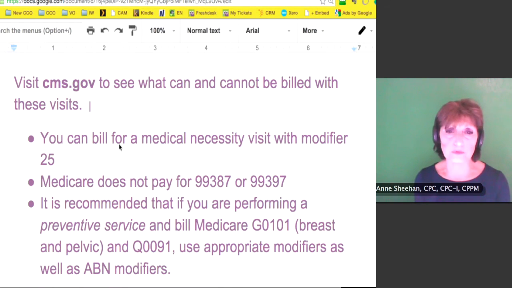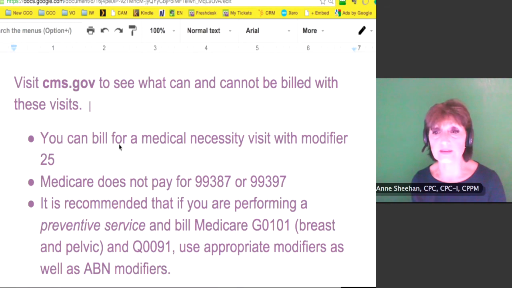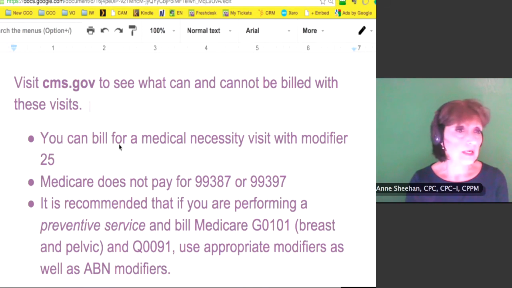And typically what providers do, and Medicare suggests, is that there is an allowable rate linked to the 99387, 99397, and Medicare will pay for the PAP and pelvic or any other lab tests or procedures that are considered allowable for the visit. And you can bill the patient the allowable amount if you wanted to.